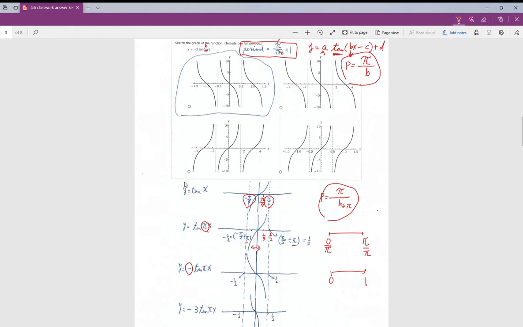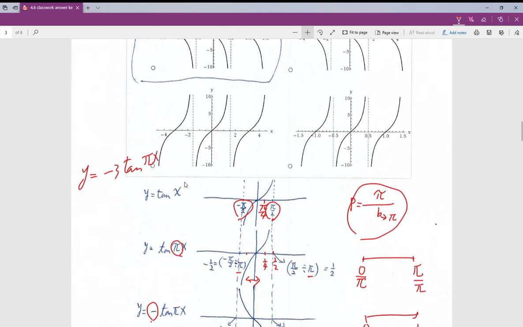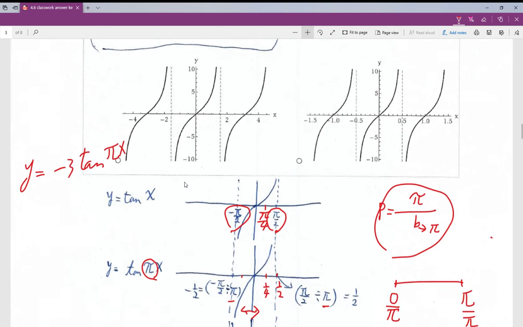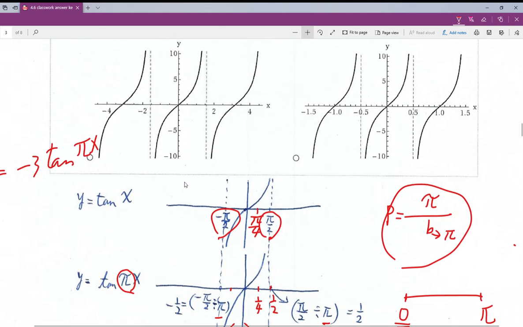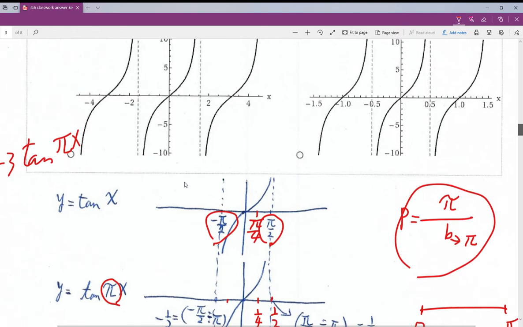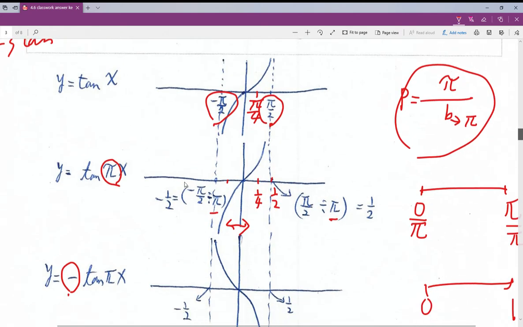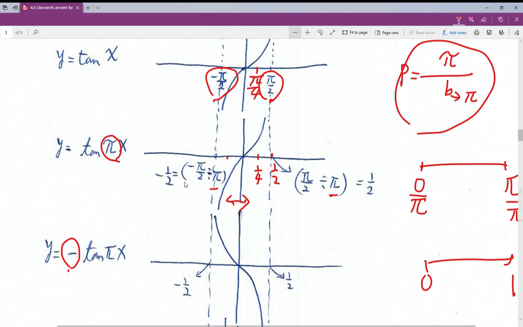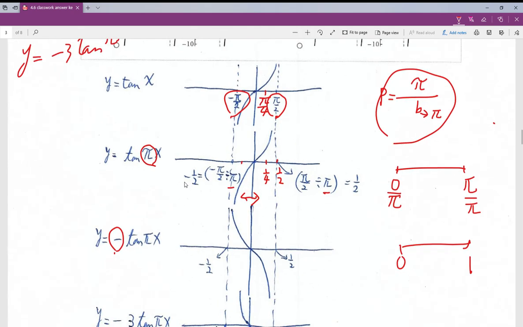We want to graph y equals -3 tangent pi x. That's what we want. So I can make the page a little smaller so I can see the whole thing.